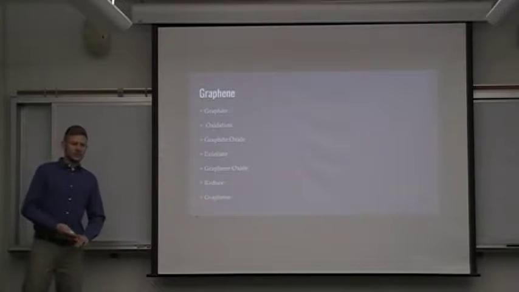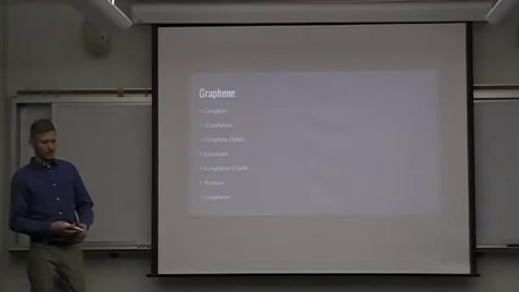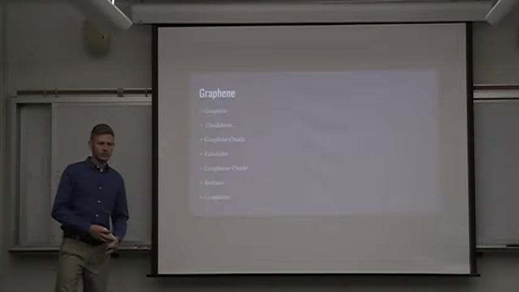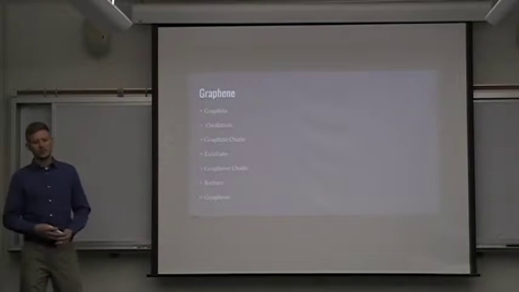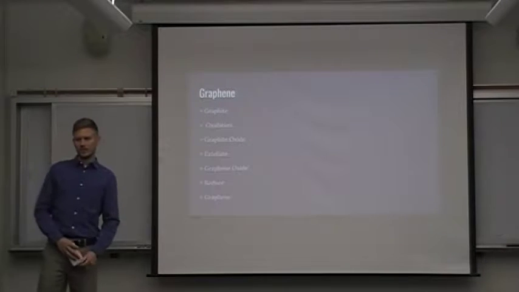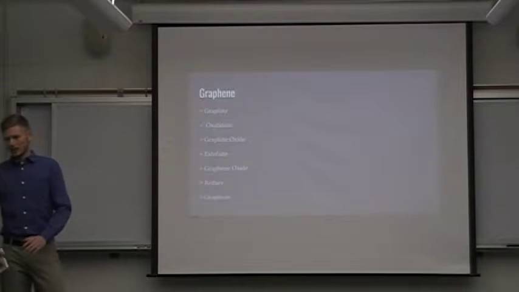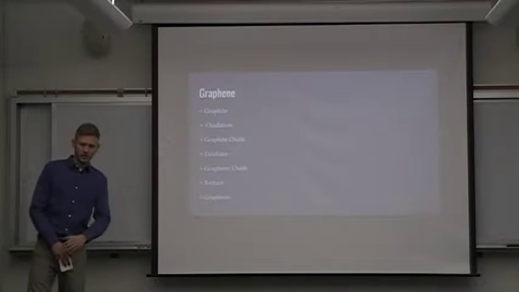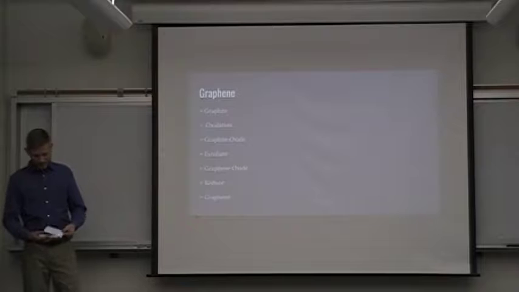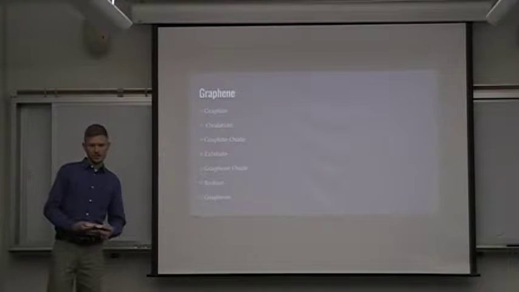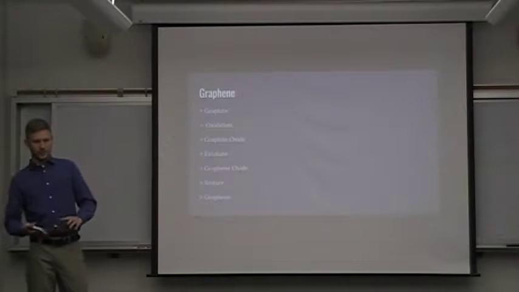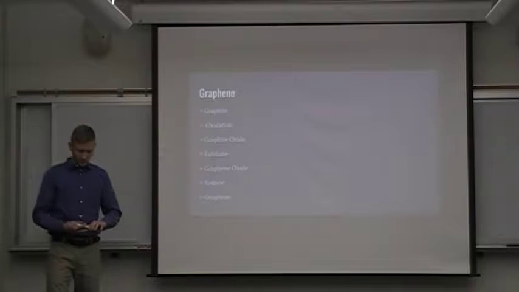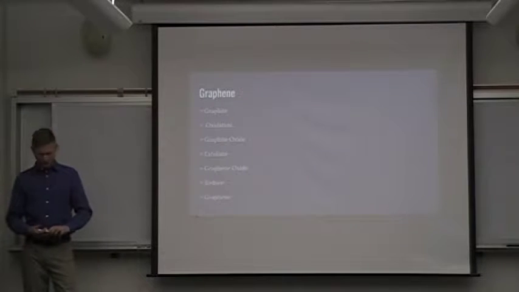So graphene, the way it can be made is starting off with graphite. Graphene is essentially one specific layer of graphite, and that can be gathered by starting with a block of graphite and then oxidizing that graphite, which separates the layers of graphene, and then you have graphene oxide.